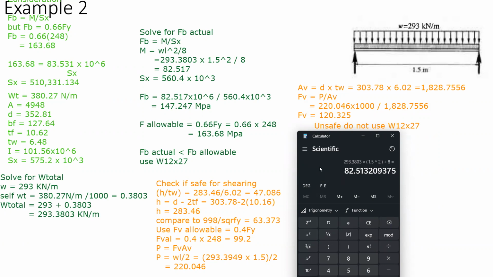So you have 82.513. So magbabago to, 513.